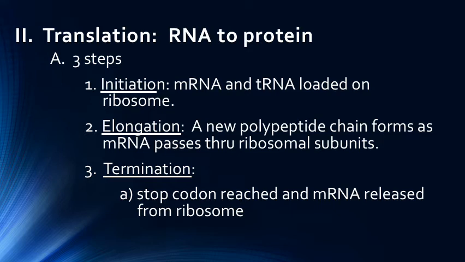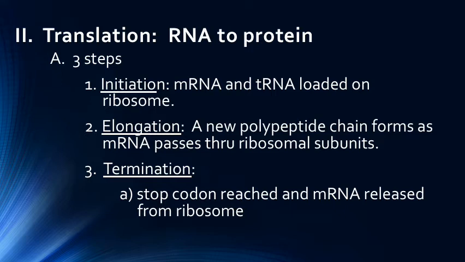Initiation is where the messenger RNA and the transfer RNA are loaded onto the ribosome. Remember, we're out of the nucleus now, we're at the ribosome, and the messenger RNA is loaded onto the ribosome. Elongation is where a new polypeptide chain is formed as the messenger RNA passes through the ribosomal subunits.